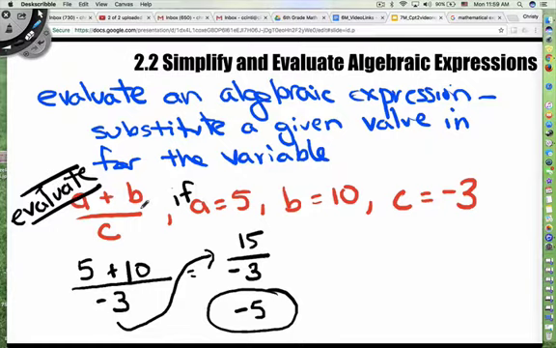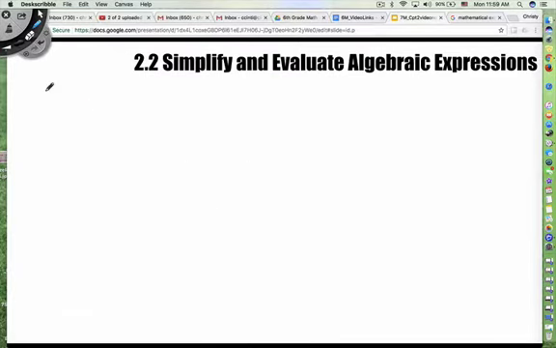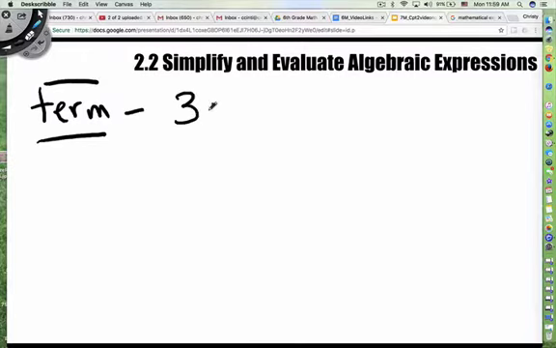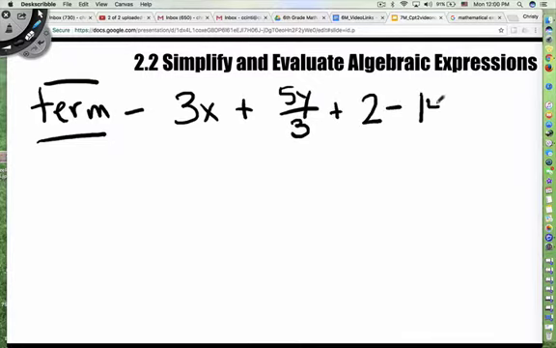Okay, let's discuss another vocab term, and it is a term. A mathematical term, these are examples. 3x is a mathematical term. 5y divided by 3 is another term. 214zk is another term.